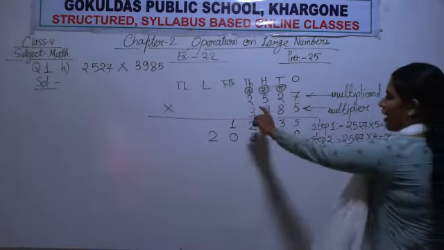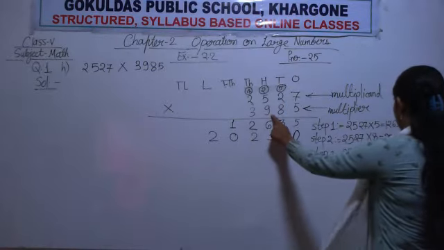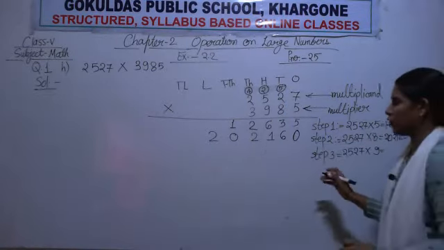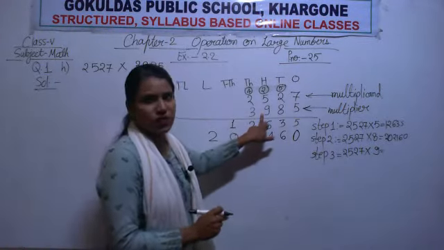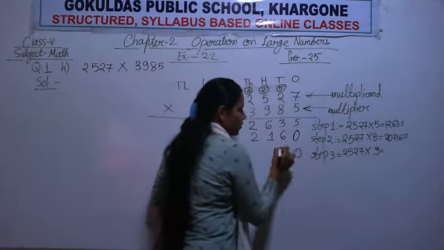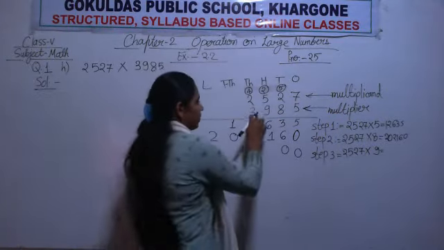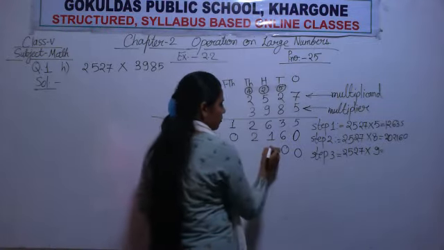Now you will multiply 2527 with 9. First observe, here the 9's position is hundreds. So you have to put 2 zeros now. Okay. Now multiply by 9. 9 sevens are 63.